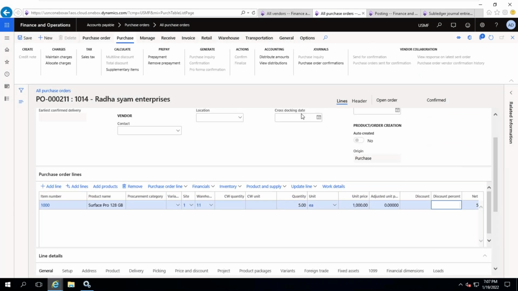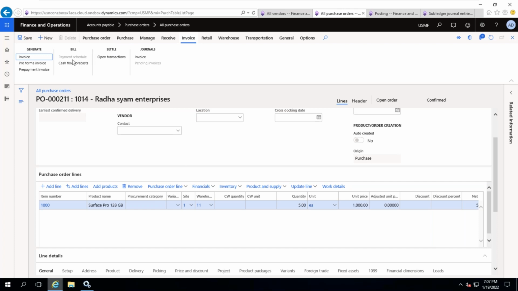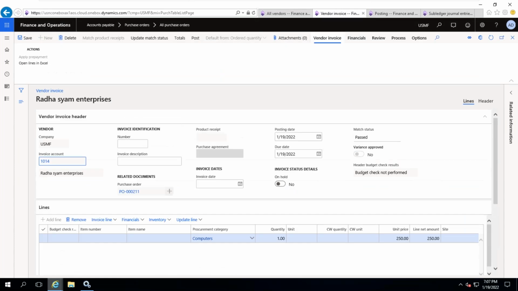It will generate one more. You can go to the invoice tab and generate a prepayment invoice. Already 500 is generated, so now it will generate one more prepayment invoice for 250. So that's what you are asking, right? Multiple prepayment invoices. Yes, sir, you can do it. So now it is for the remaining 250. You cannot decrease, but you can increase.